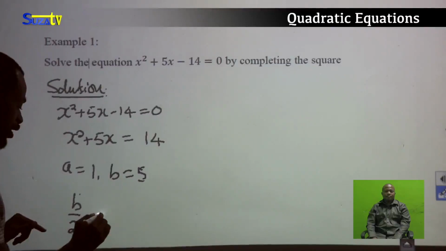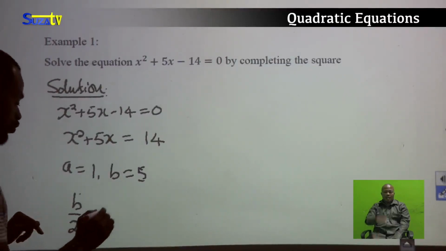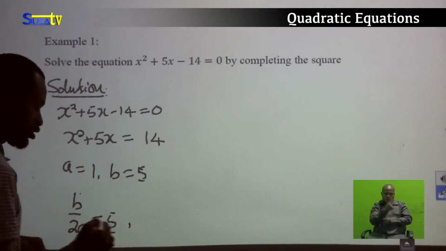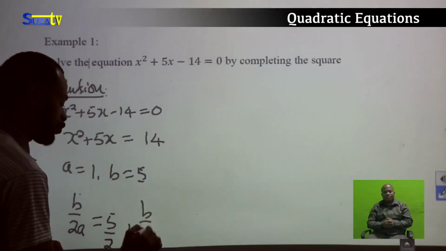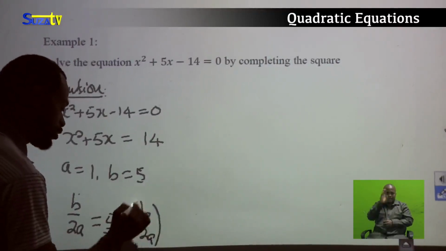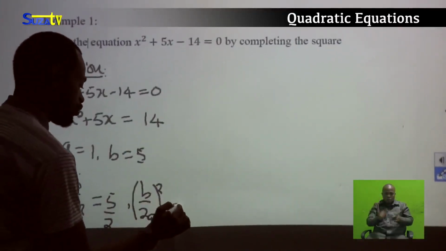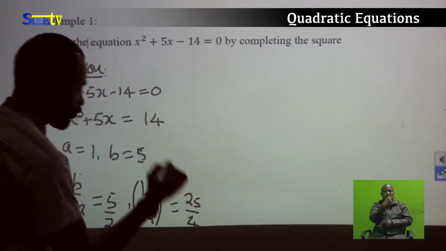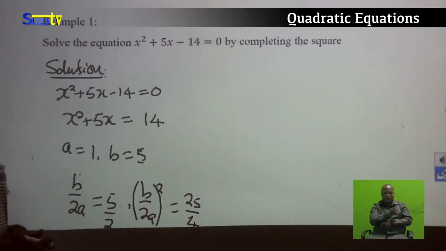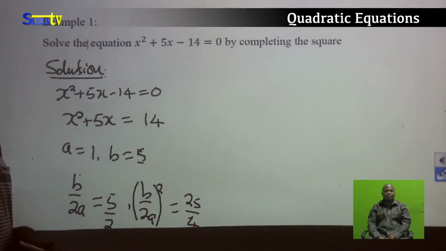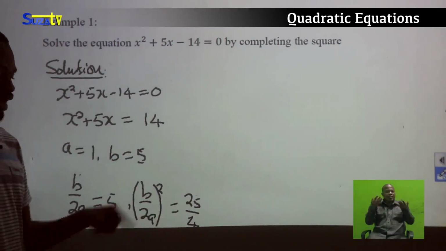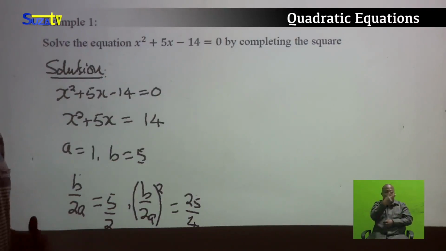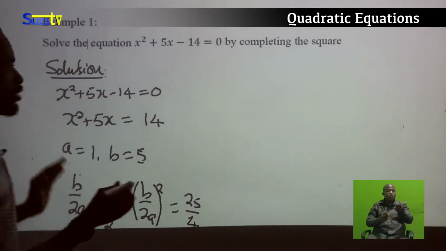So b over 2a here is going to be equal to 5 over 2. Due to that, (b over 2a) squared is going to be 25 over 4. So now let us add this value, which is 25 over 4, to both sides.